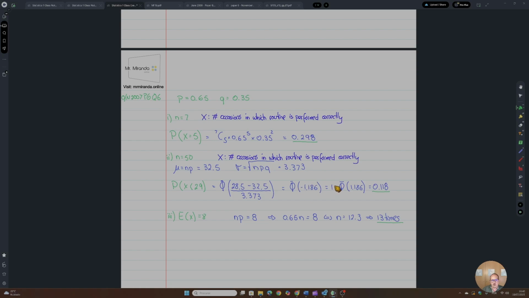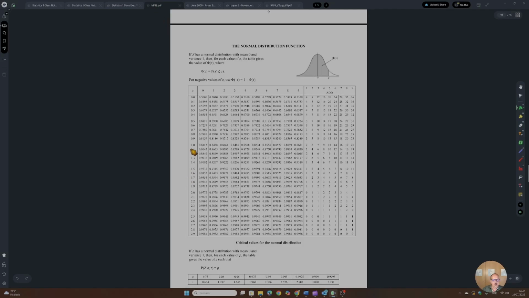So what do you do? 1 minus the probability associated with a positive z-value. Go to the MF19 and find the probability associated with 1.186. 1.18 is 0.8810, and now add the last digit corresponding to 6, which is, let me see if I don't mess up like I did in the previous question.